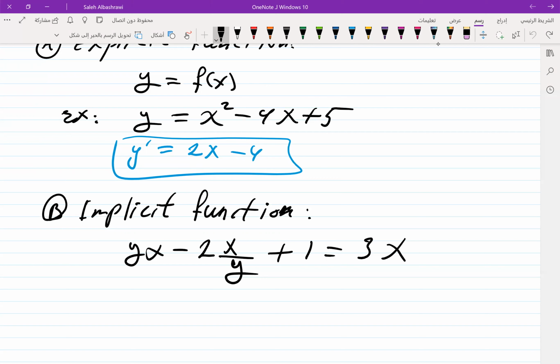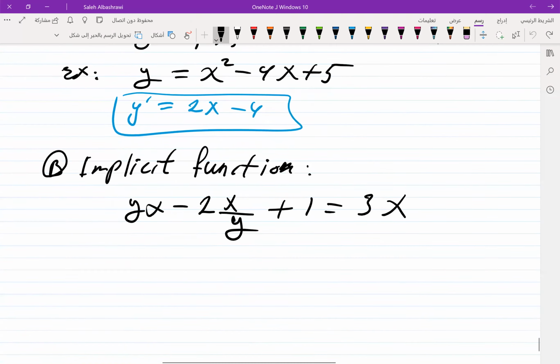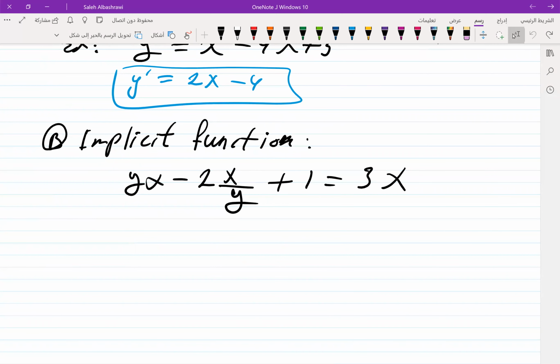In these cases, we need to find the derivative without writing y as an explicit function of f of x. Now let's use implicit differentiation to find the derivative of some functions.